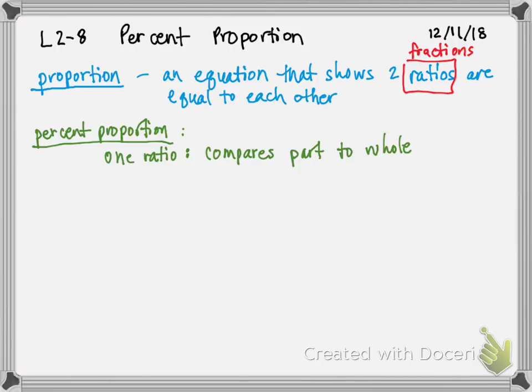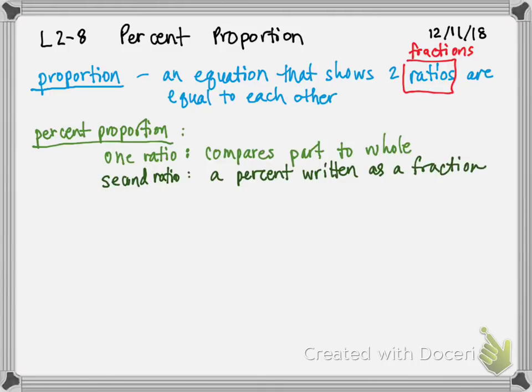The second ratio is the one that's going to have to involve a percent written in a ratio form or a fraction. So it's a percent written as a fraction that is equivalent, has the same value, equivalent to the first ratio.